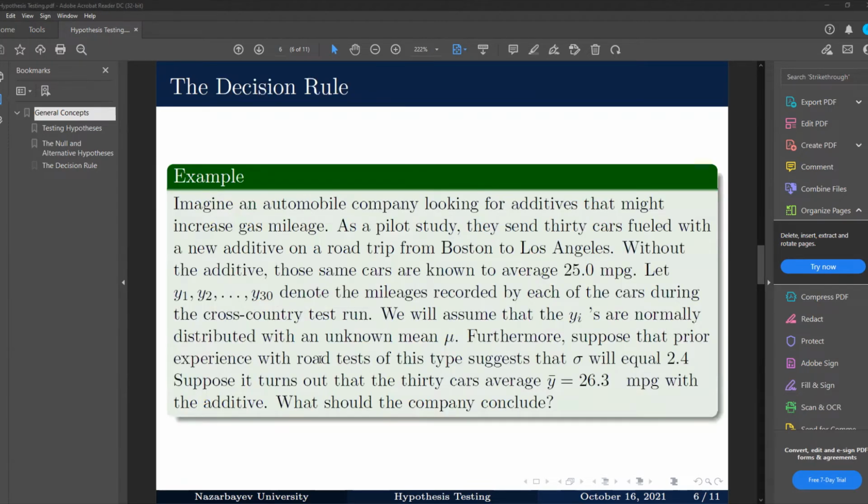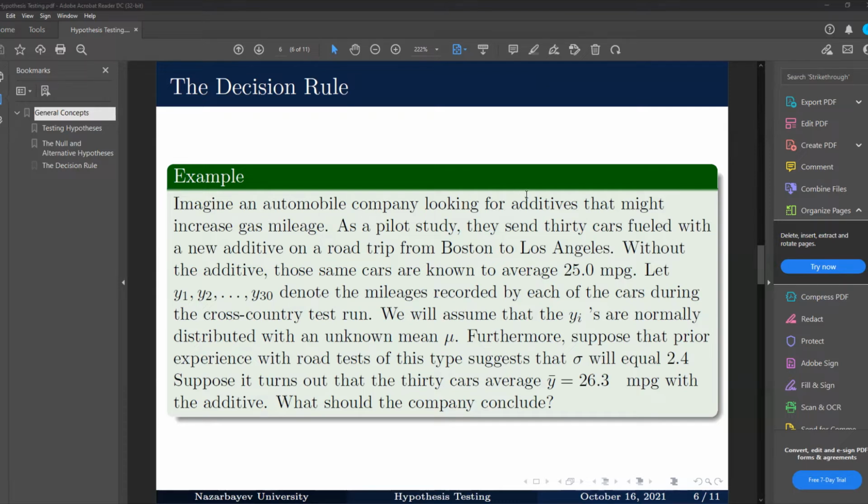Okay, so now let's talk about the decision rule, or basically what evidence, and how much of it, is required to prove that our defendant is guilty or not guilty. Imagine an automobile company looking for additives that might increase gas mileage.